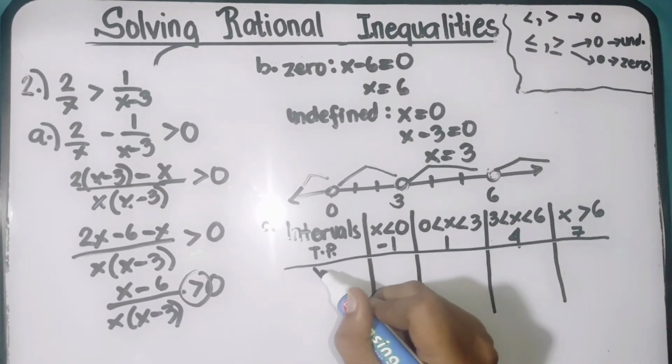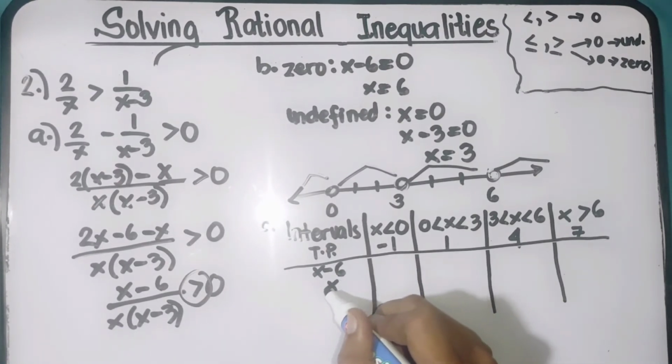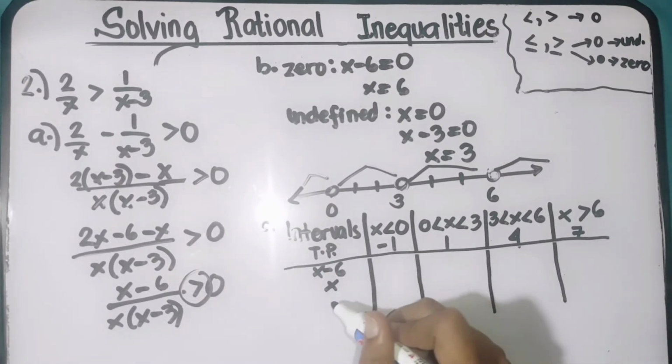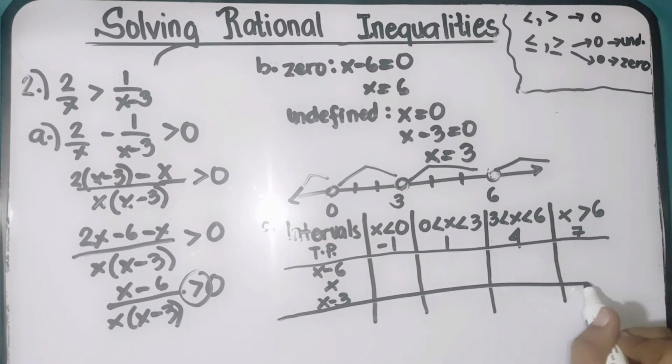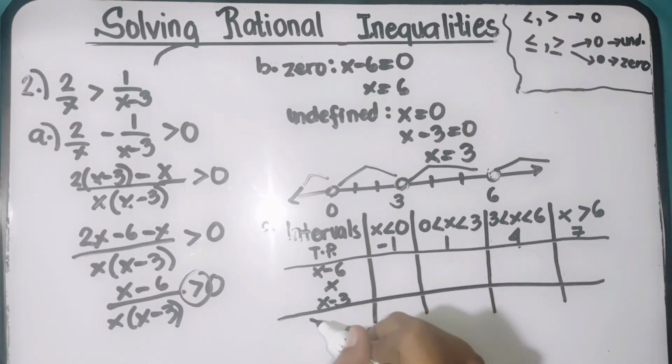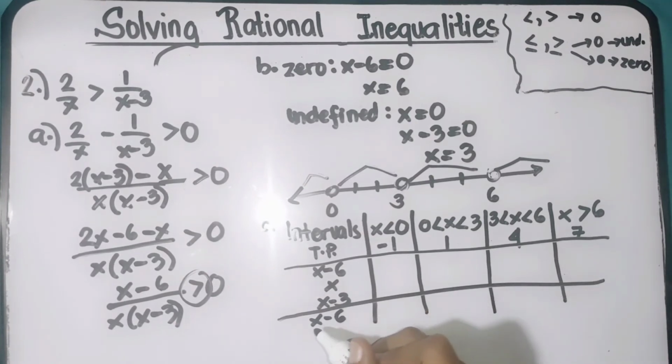We have x minus 6, x, and x minus 3. And at the bottom, write the entire rational expression. X minus 6 over x times x minus 3.